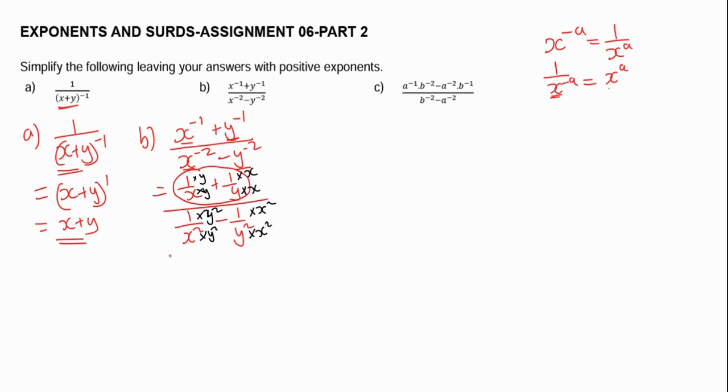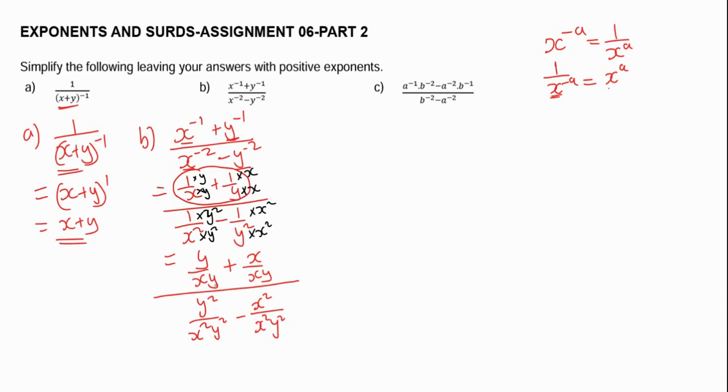Right, and then what we remain with, we have y over xy plus x over xy, and then divided by y squared over x squared y squared minus x squared over x squared y squared.